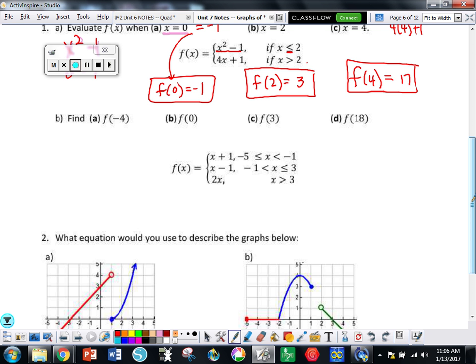The second question, A, B, C, D. This time I have 3 different pieces of the domain, right? See if you can figure it out.